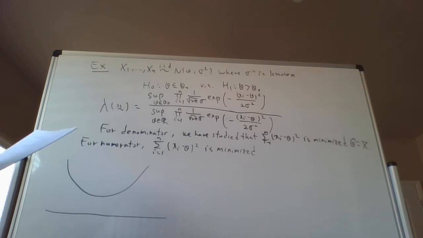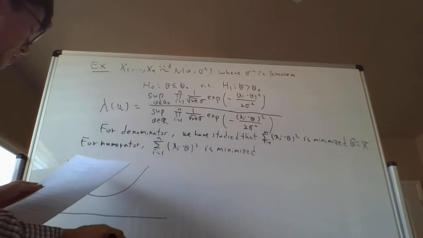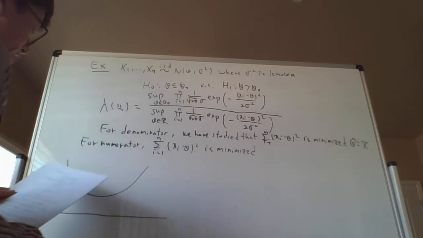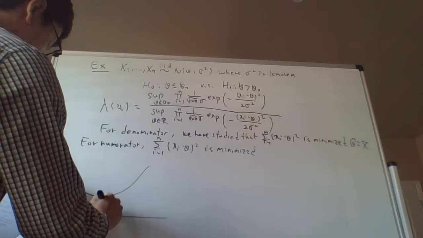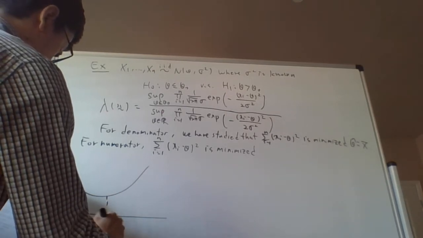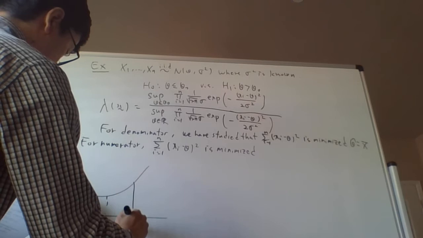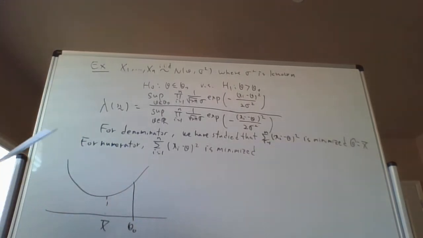Then we can see that if theta 0 is greater than or equal to x bar, in this case, because it's a decreasing function until x bar, and then it's increasing after x bar, x bar is the minimizer.